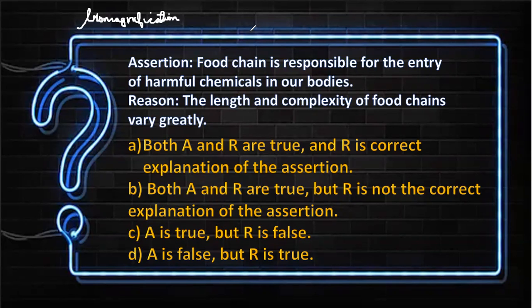Then we have to check whether the reason given is a correct explanation of that assertion, and we should check whether the reason statement is true. The reason given is that the length and complexity of food chains vary greatly.